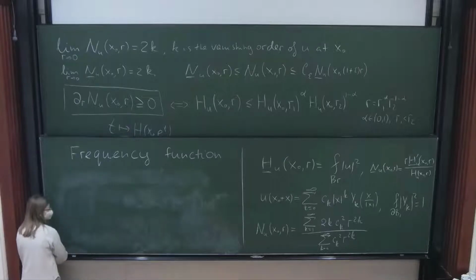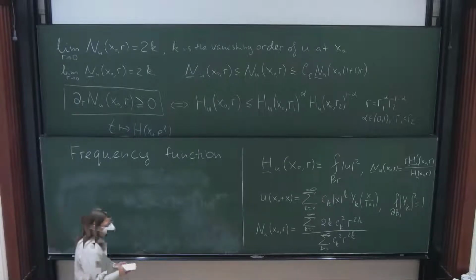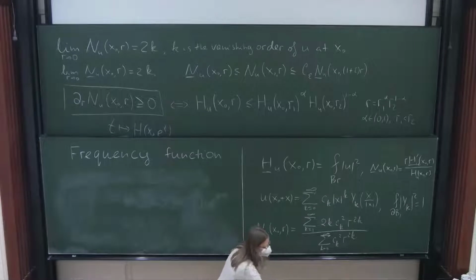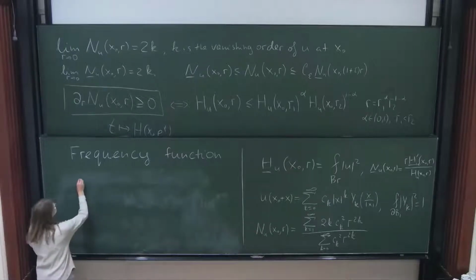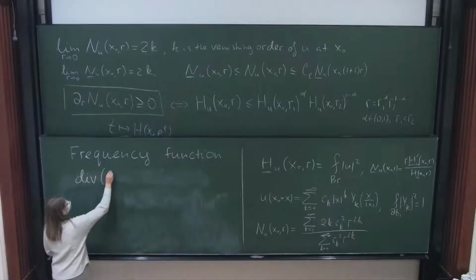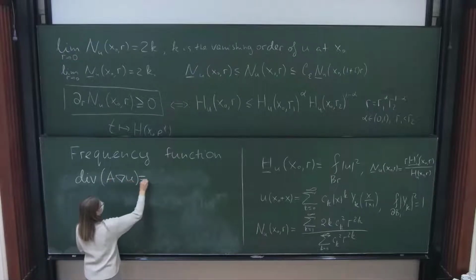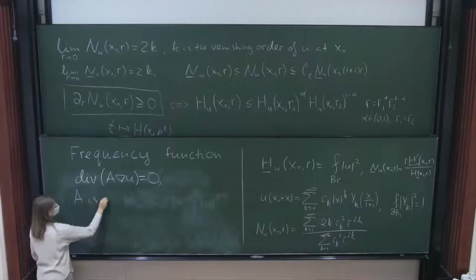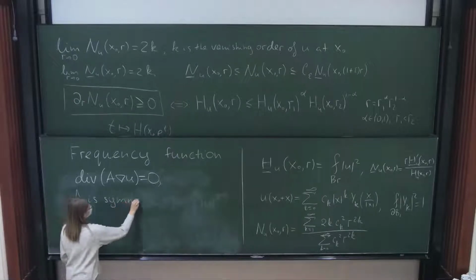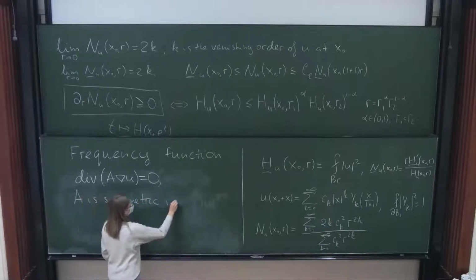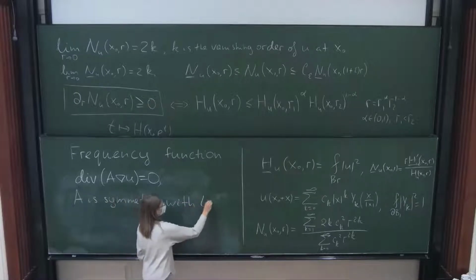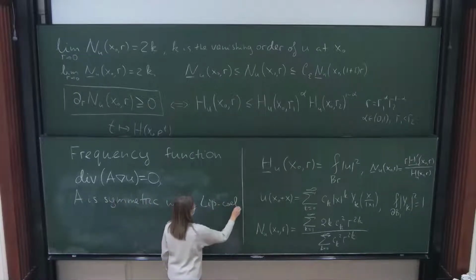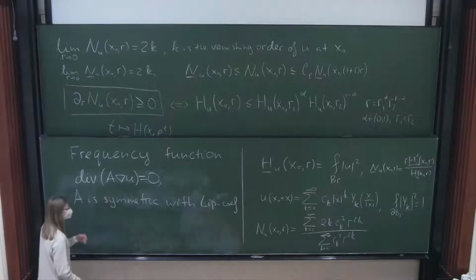The elliptic second order PDE will always be in the simplest divergence form equation, where A is symmetric with Lipschitz coefficients and uniform ellipticity.